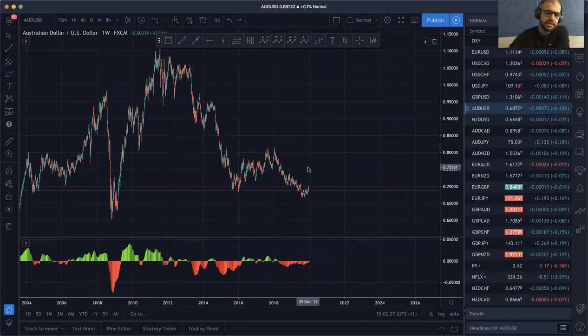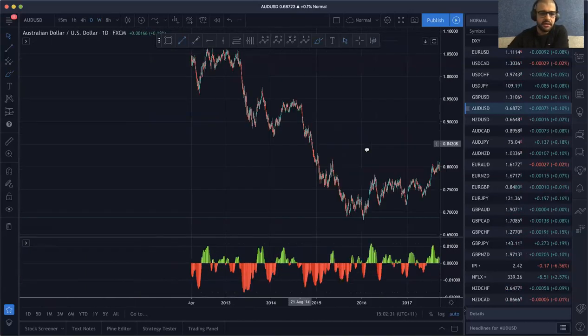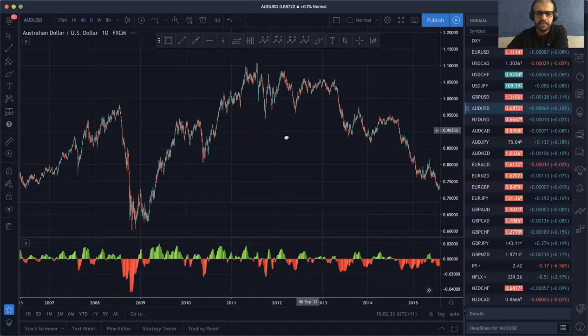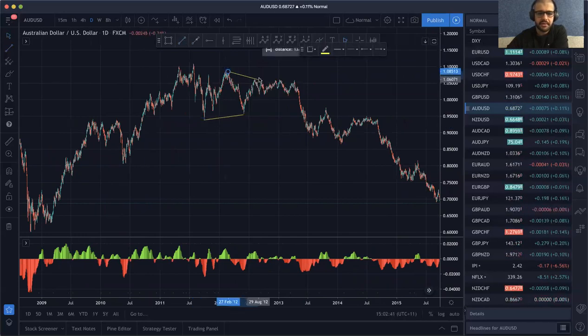Within this impulse, you can see the completed corrections as they are. I'll go back and actually label these individually. So what I think's happened at the top here is we've had our ABC with a flat pattern like so.